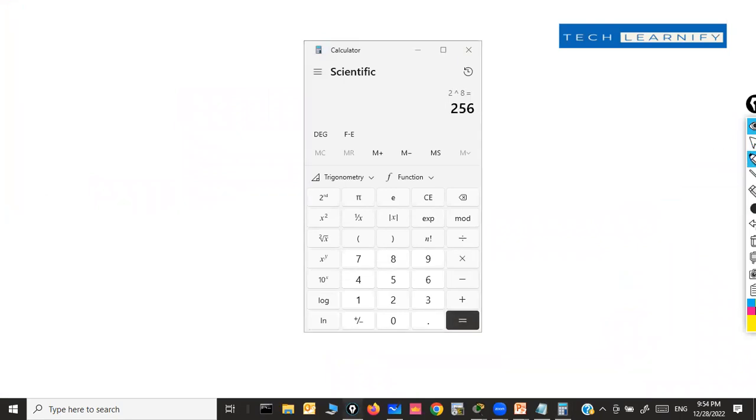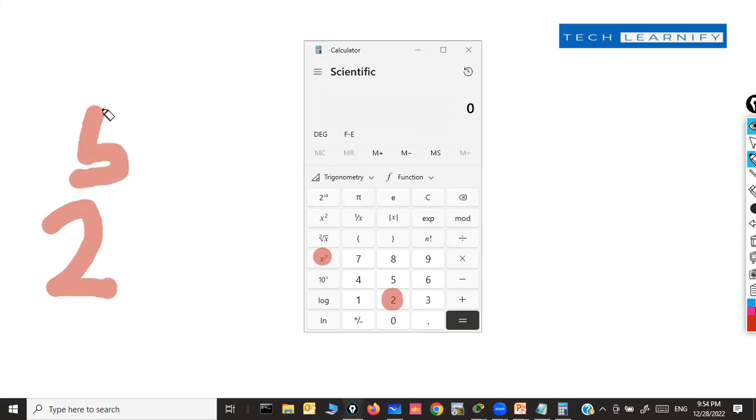So what I did, I used this function. Let me show you again. Let's say I want to figure out the value of 2 raised to the power 5. I will first click 2, and then this x to the power y, and then 5.